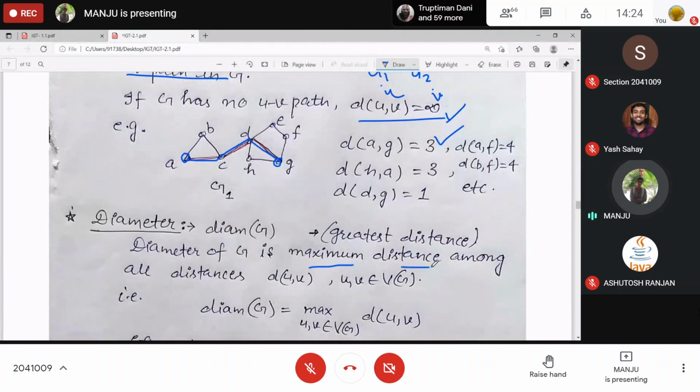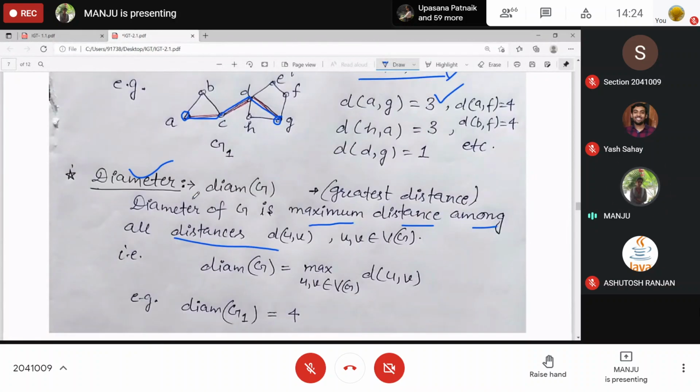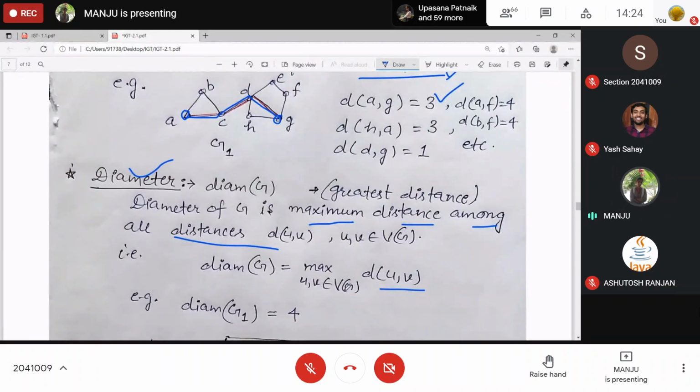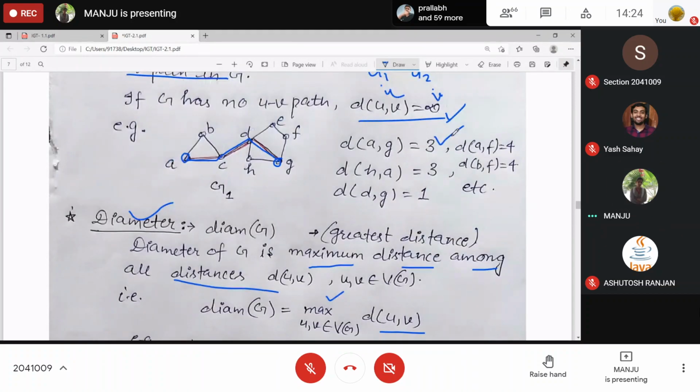So the maximum distance among all distances will be your diameter. That is, d(u,v) with u and v running over V(G), maximized. For this one, the maximum distance is 4, that is A to F or B to F.